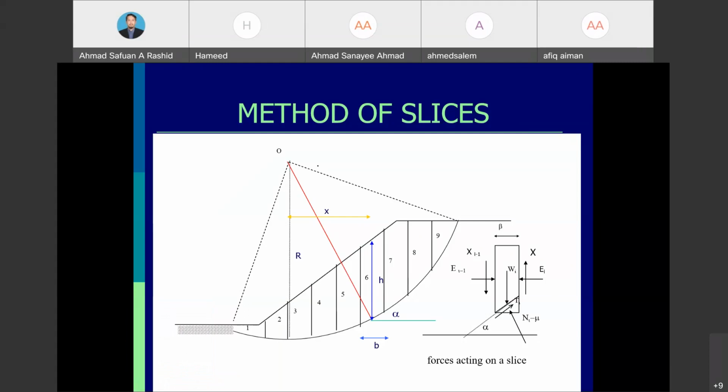Here this is R. Then we have several slices.